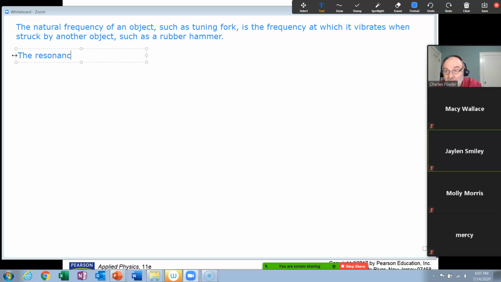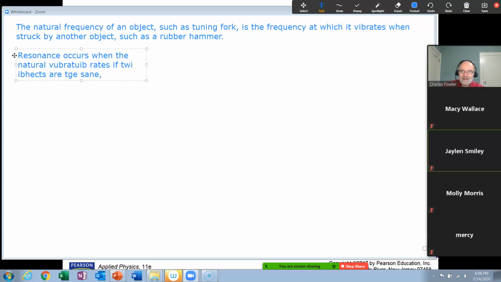Resonance occurs when the natural frequency that we just talked about, they call it natural vibration rates, which is frequency, of two objects are the same.